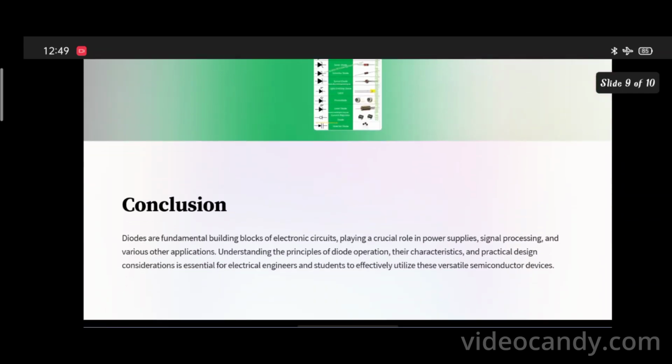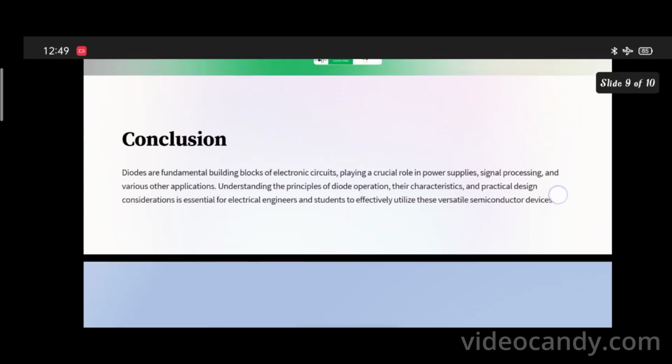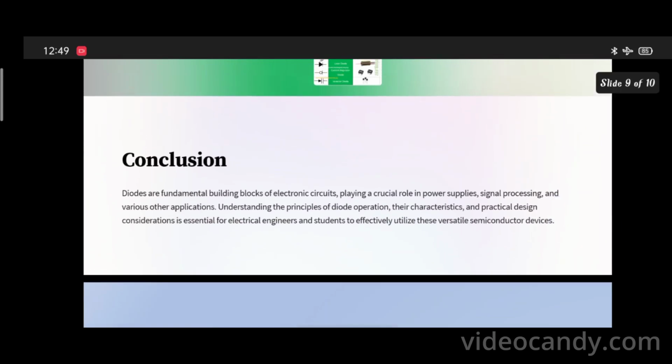Next, conclusion. Diodes are fundamental building blocks of electronic circuits, playing a crucial role in power supplies, signal processing, and various other applications.